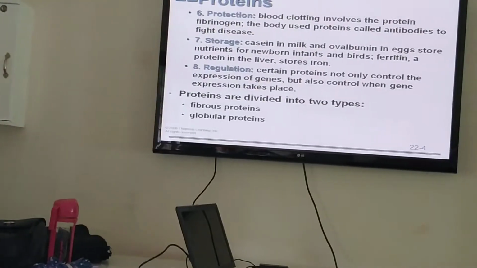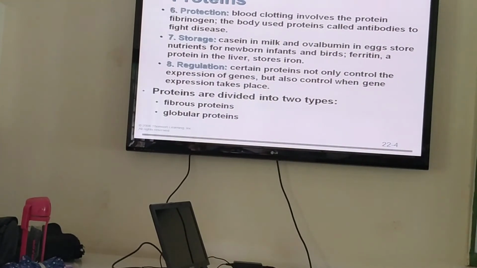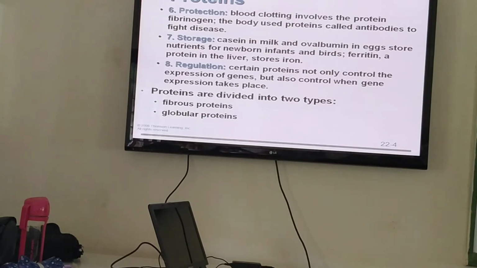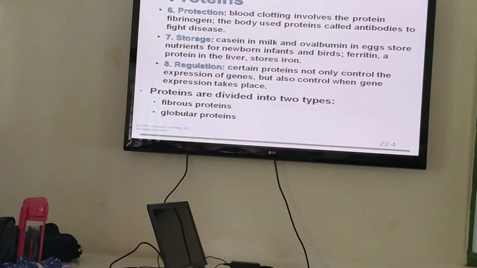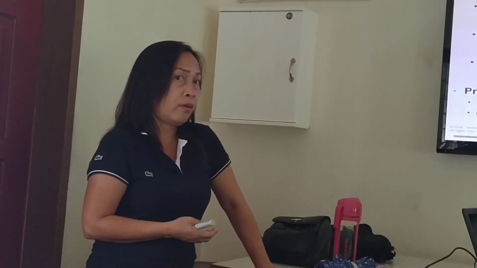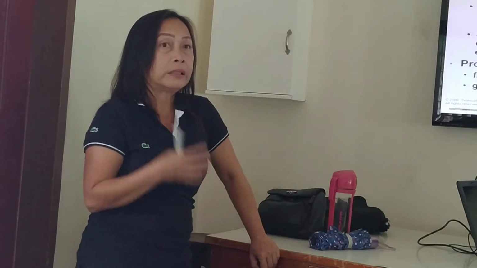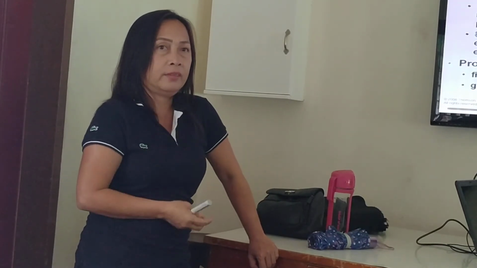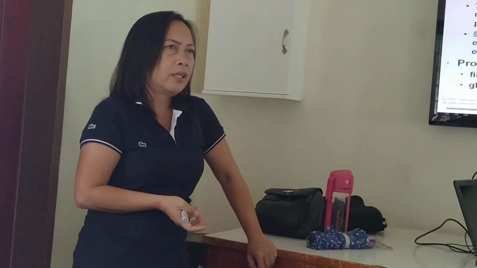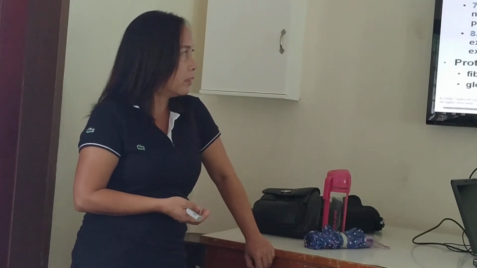Now, of course, it's very important as storage of nutrients for newborn infants. What are those nutrients present in there? Of course, RNAs are present there in the egg white. Different RNAs. And, of course, proteins are very abundant there.